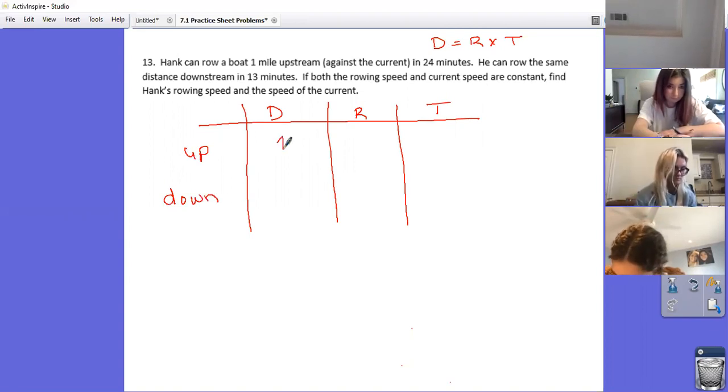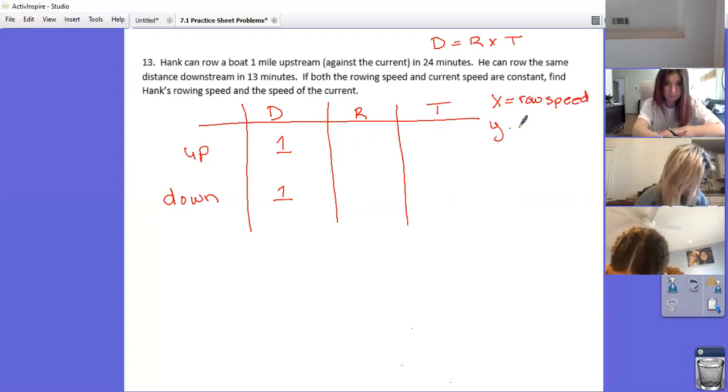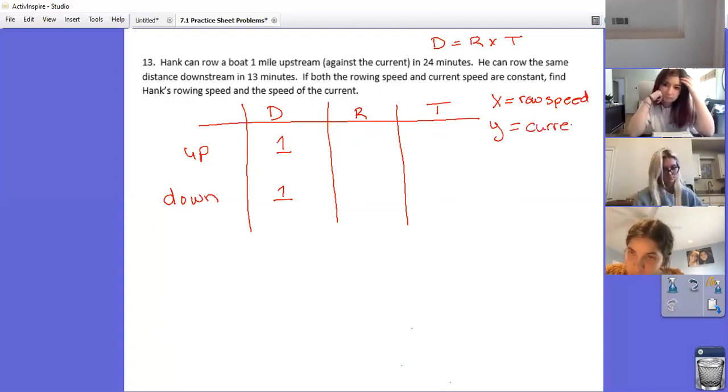So going upstream and downstream, you're both going 1 mile. And then going upstream, I'm going to let X be the rowing speed. And Y is going to equal the current speed.